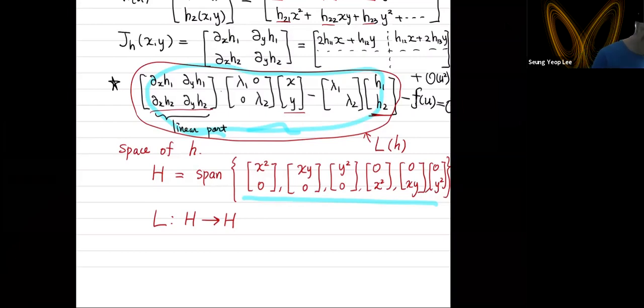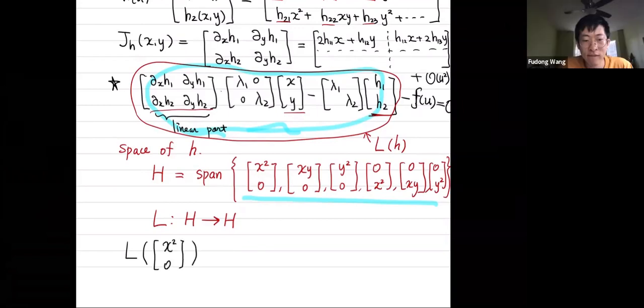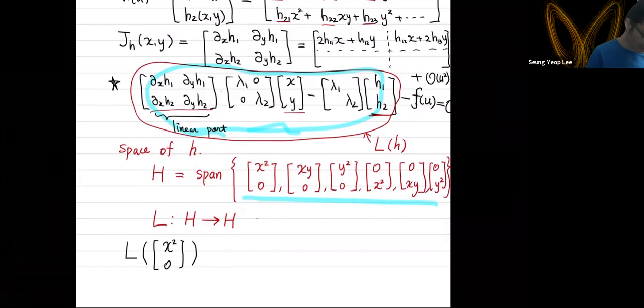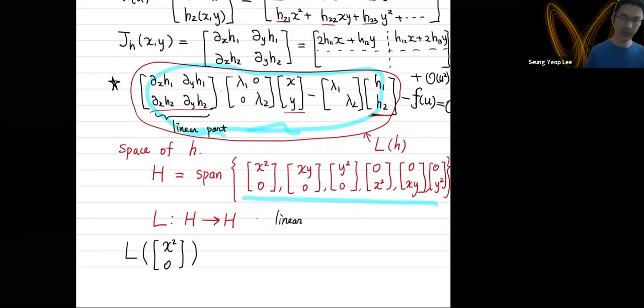Okay, so let's check the individual mappings. L is a linear mapping. Therefore, if we can calculate it for all the basis elements in H, then we can find the full map. For the first one, what is L of this one?